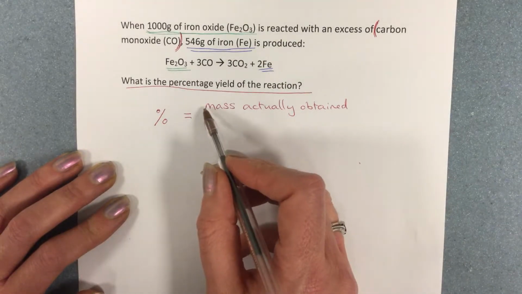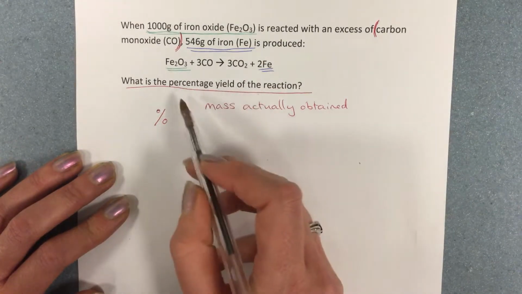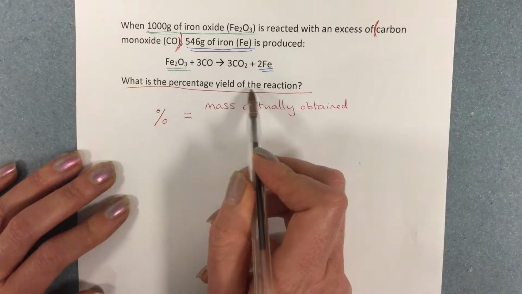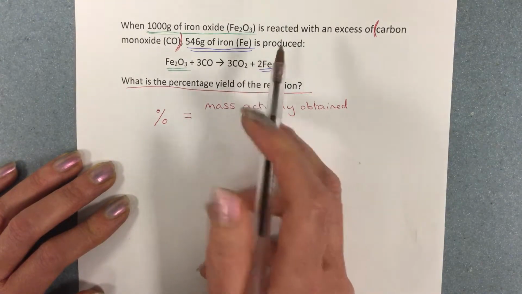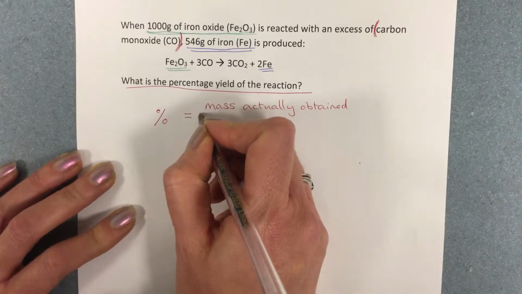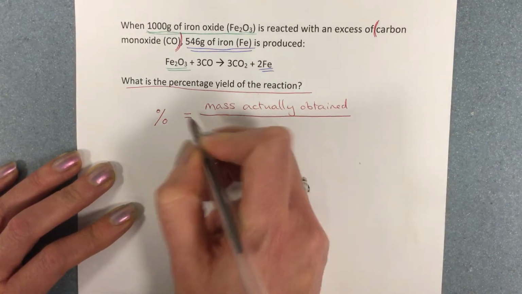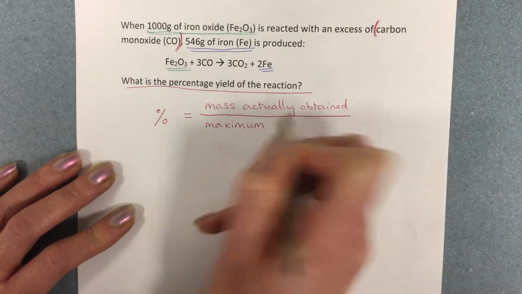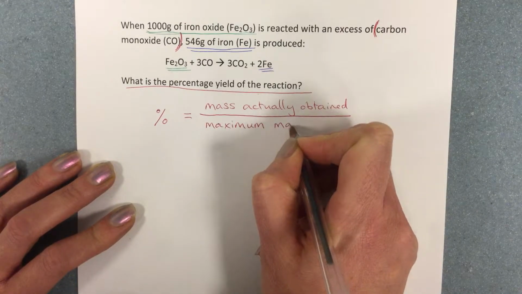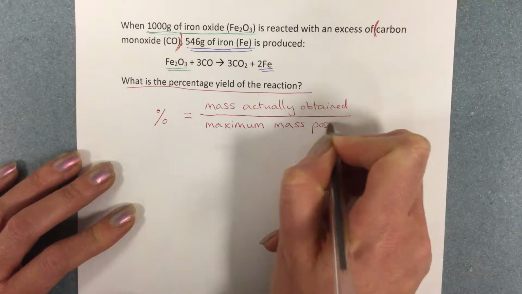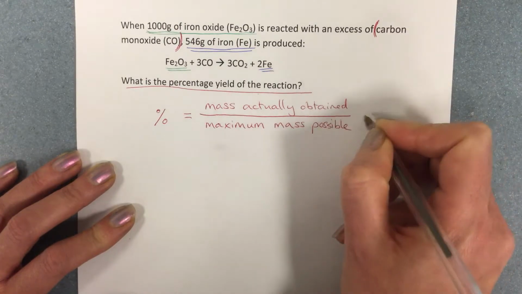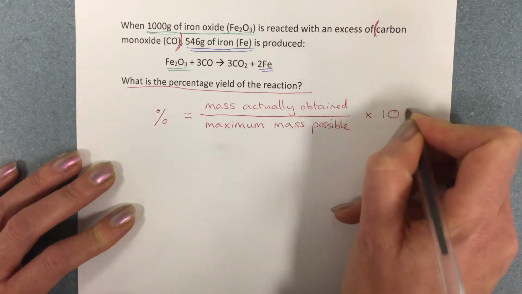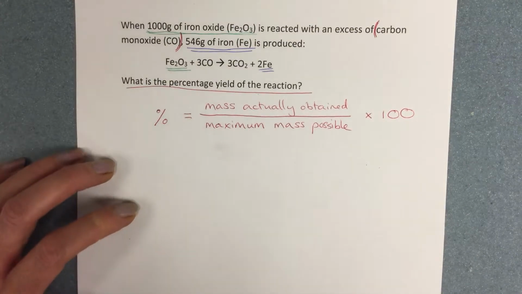So when a percentage yield question comes along, it's telling you that you didn't get all of your iron 3 oxide turned into iron. And so the percentage is the mass that you actually got divided by, just like our situation with our test, the maximum mass that is possible. And because it's a percentage, we times it by 100.